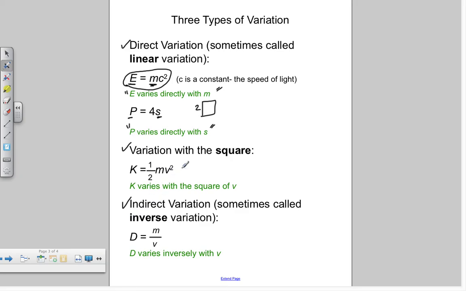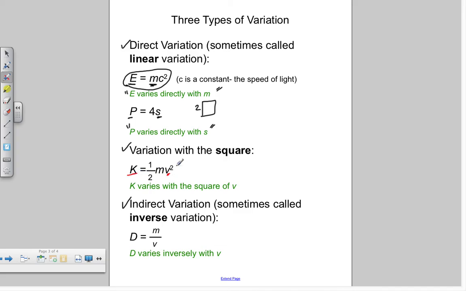Okay, now the next kind, I'll use red, the variation with the square. So now, in this case, we've got K equals 1/2 mv squared. My two variables here are K and V. M is going to be a constant, like slope. We'll have that filled in with a number.